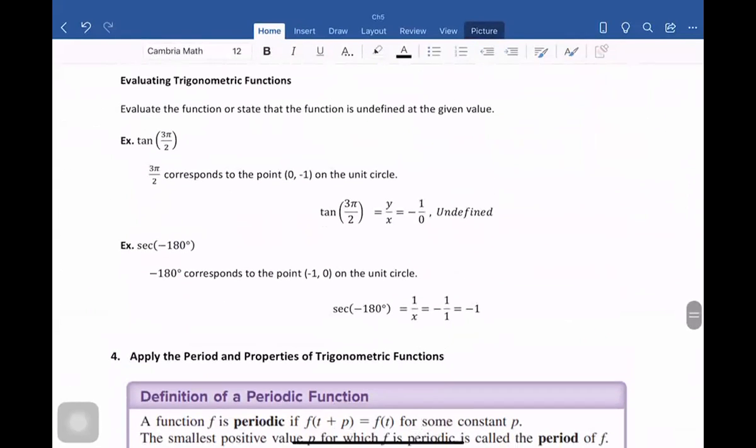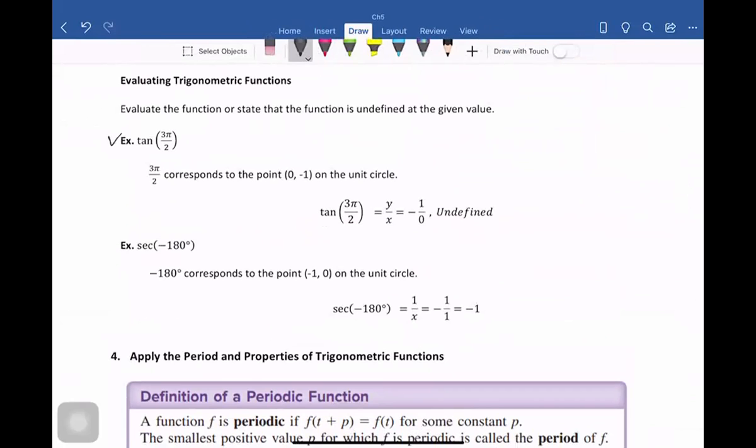Okay, the first example, tangent of 3 pi over 2. Let's find the angle on the unit circle. The unit circle is here. So 3 pi over 2 is here. The point here is (0, -1), the x value and y value.